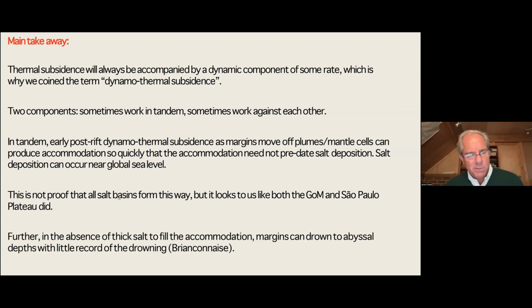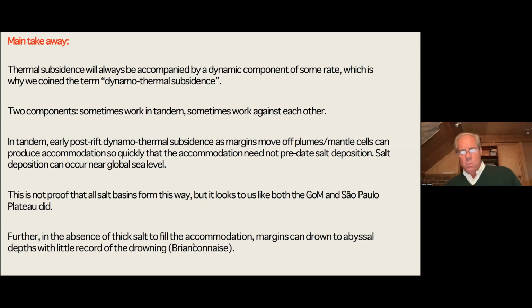Now, this is not proof that all salt basins form in this way, but it looks to us from the peripheral data that both the Gulf of Mexico and Sao Paulo Plateau did form in this way with salt deposition near global sea level. Further, in the absence of thick salt to fill the accommodation, margins can drown to abyssal depths with little record of the drowning process.